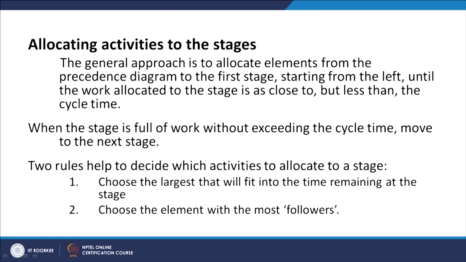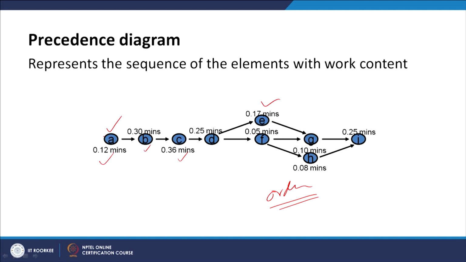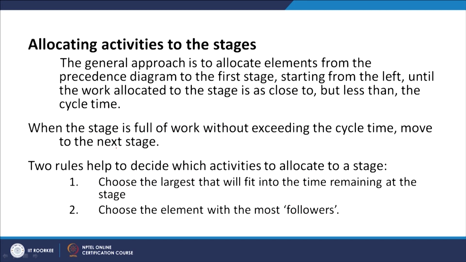So, we start with the allocation of this activity and this activity, whatever we can, like say first A is completed, then we allocate B, and this allocation continues until it is equal to the cycle time, while satisfying the precedence requirement. When the stage is full of work without exceeding the cycle time, we move to the next stage.